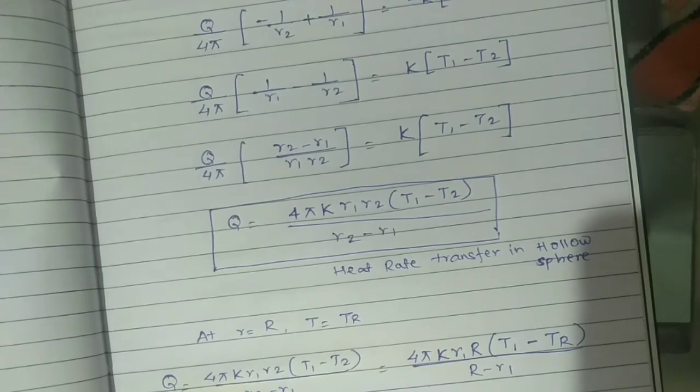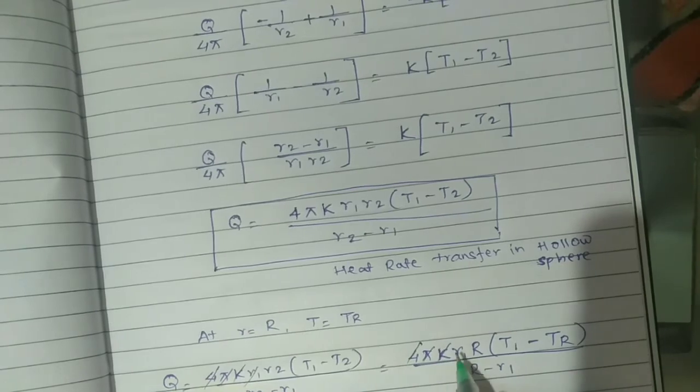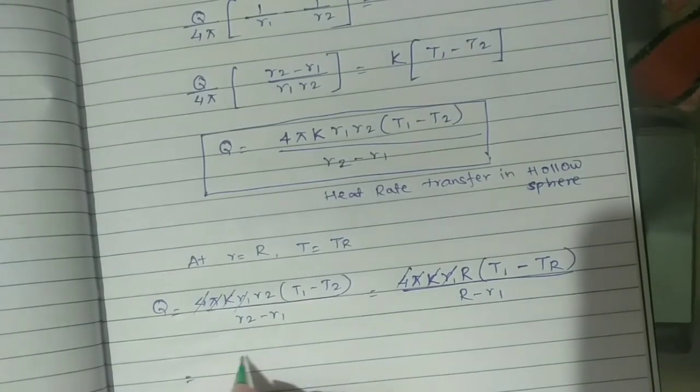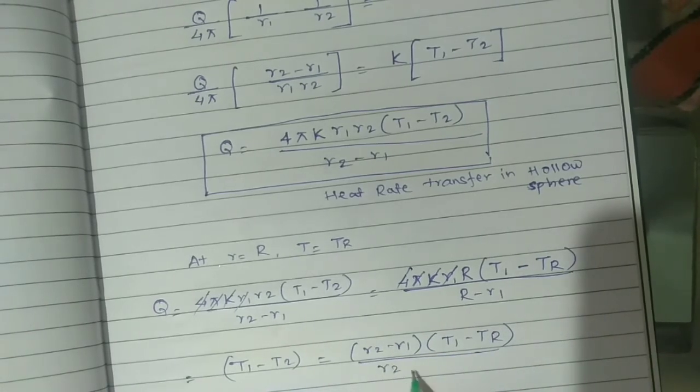So just cancel out the common terms, and shifting to this side, you have T1 minus T2 equal to r2 minus r1 into T1 minus TR upon r2 into R minus r1.